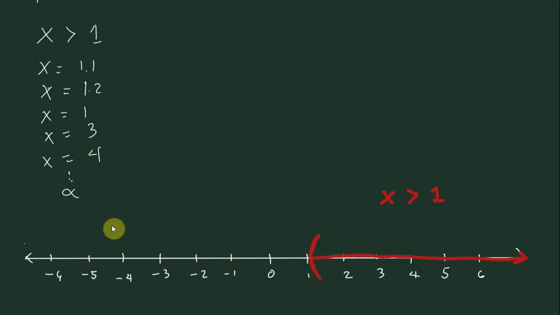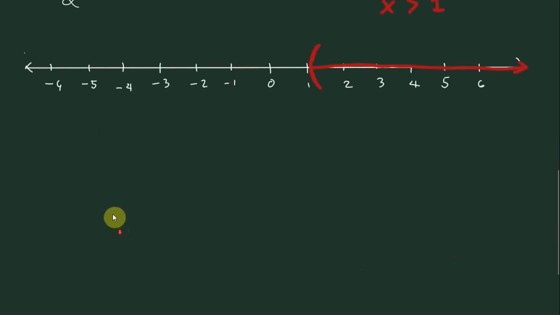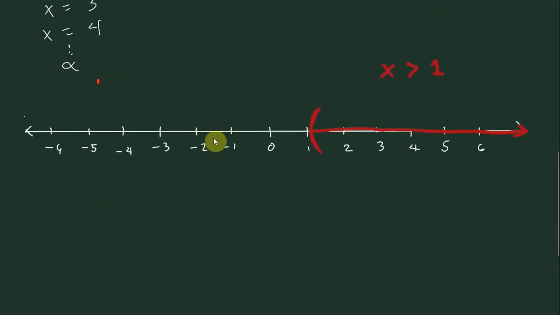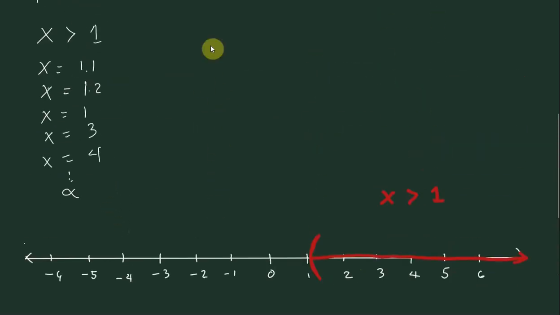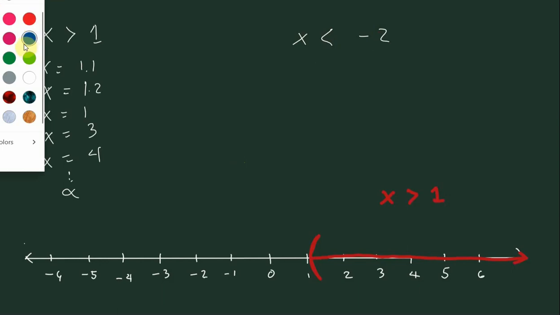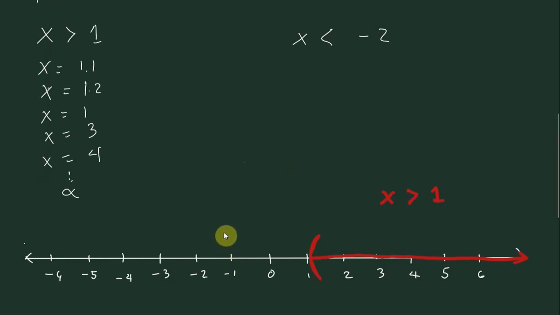Let's give another example. Let's just use this number line here. Let's say x is less than negative 2. We're still going to use the same notation and the same number line.